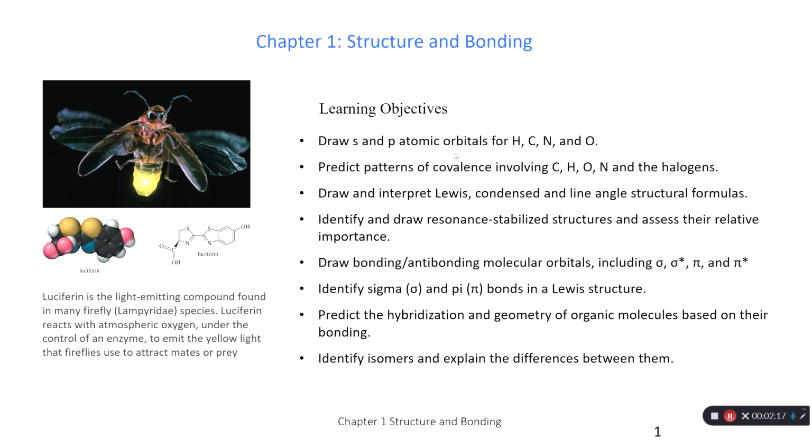And we'll talk about isomers and how we can interpret different structures of isomers. So I won't be going over the details of these learning objectives now, but we'll refer back to those, and hopefully I will remind you of some of these learning objectives and quiz you on them so that you have a good feel for what you need to learn in this particular chapter.